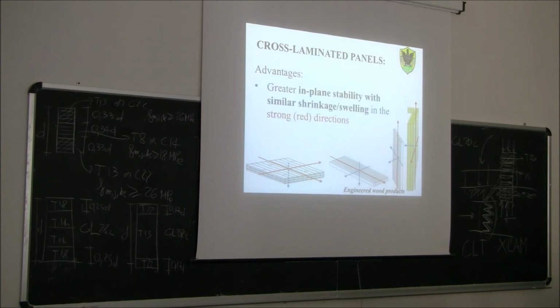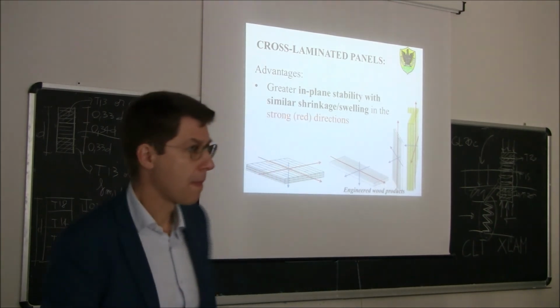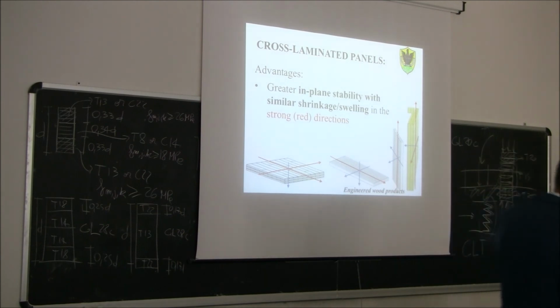Okay, another advantage. You remember the discussion we had yesterday talking about wood and moisture content. We said that for glulam, if there is a moisture content variation, for example a reduction of moisture content, how is this panel going to shrink?